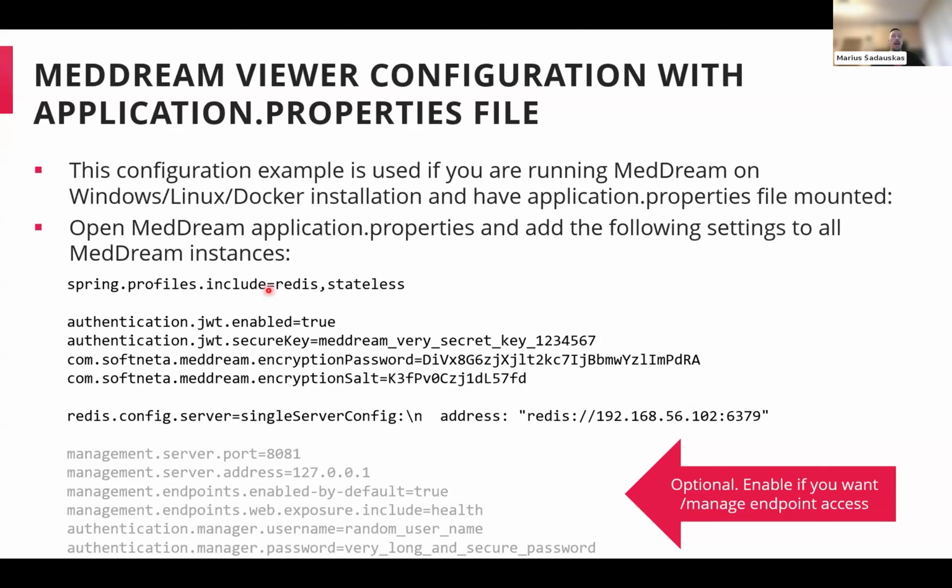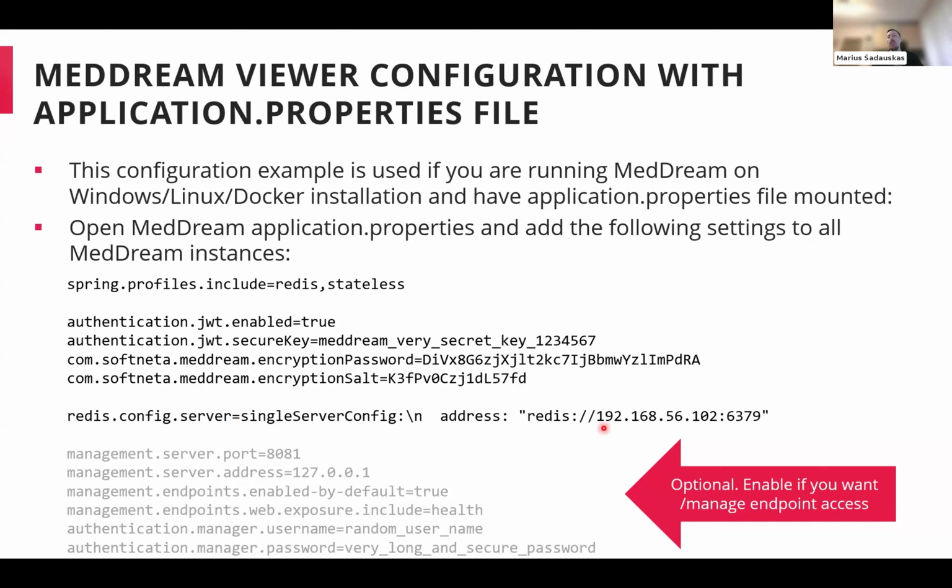After adding these parameters in MedDream, it's also important that in our latest MedDream 8.9.0 we have a new parameter, redis.config.server. In this line, you will provide a single line of your Redis URL. In principle, this part remains the same.